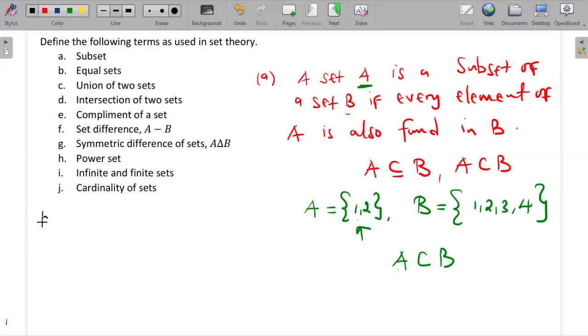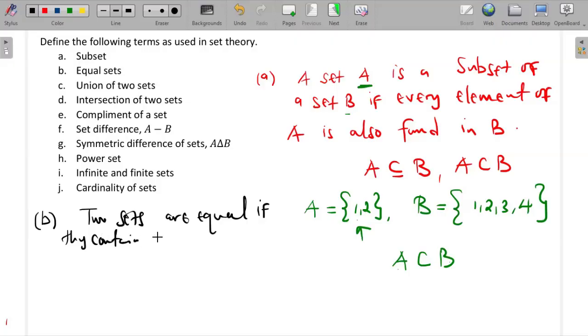Part B says define equal sets. So I'm going to write the definition here. Two sets are equal if they contain exactly the same elements.